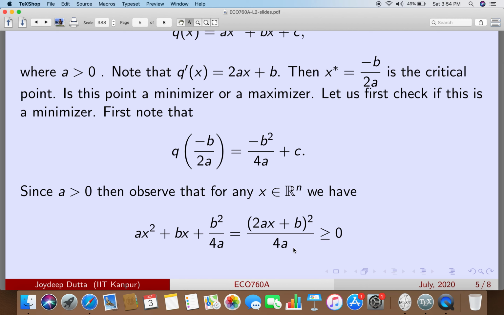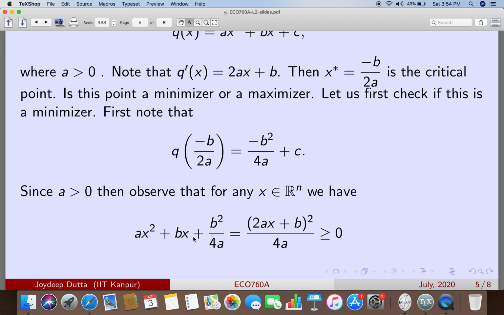A is obviously strictly bigger than 0, so this is greater than or equal to 0. Now observe that (2ax plus b) whole square is strictly greater than 0 for all x which is not equal to x star, because only when x star is minus b by 2a is 2ax plus b, which is nothing but the derivative, equal to 0.